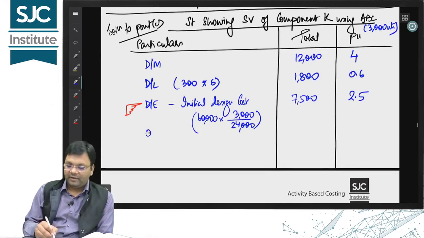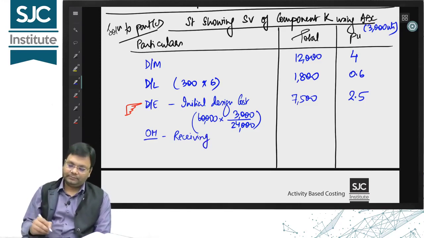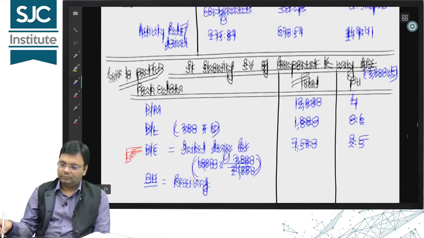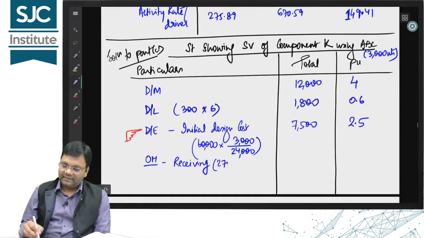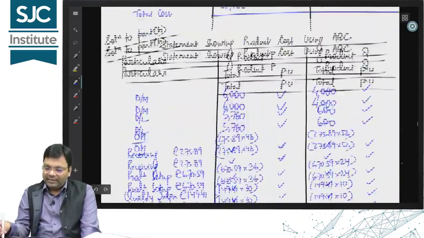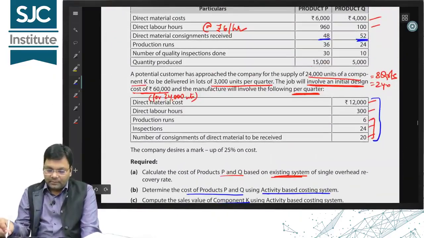And then we will have overheads. In these overheads we are having receiving, 275.89 is the rate per driver, and in case of component K, if you will see, the number of consignments is 20.